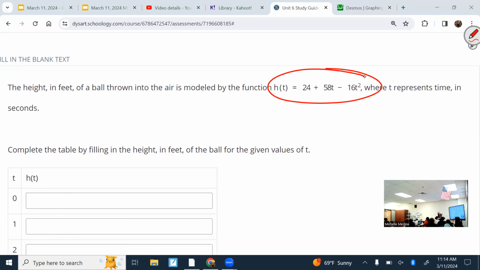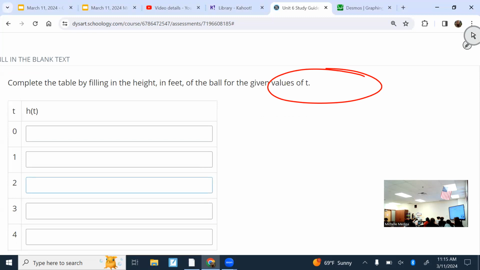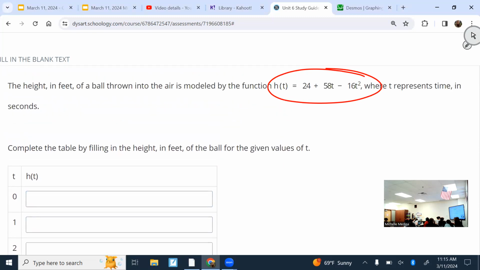To complete any table of values, all you have to do is take the given equation, and if they give you an input, you plug it in for the input. If they give you an output, you plug it in for the output. In this one, they're giving me all t. So all I have to do is replace t in my given. So like my first t is 0. I would, everywhere I see a t, plug in a 0.